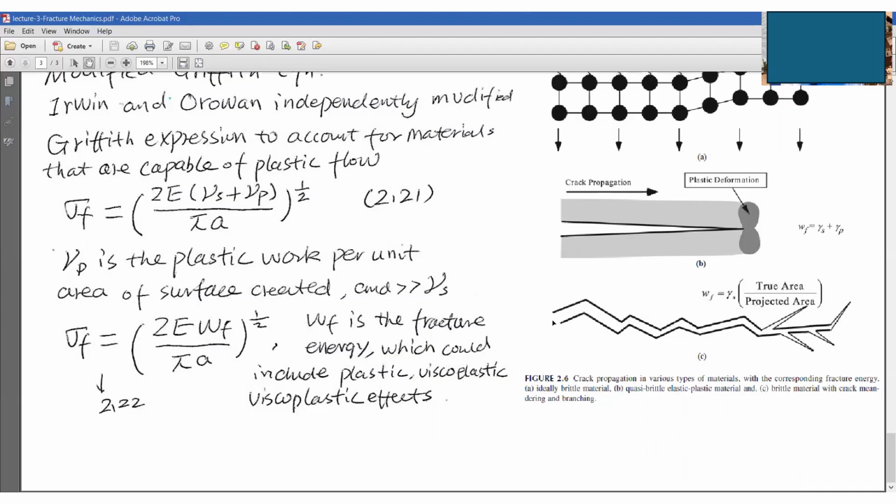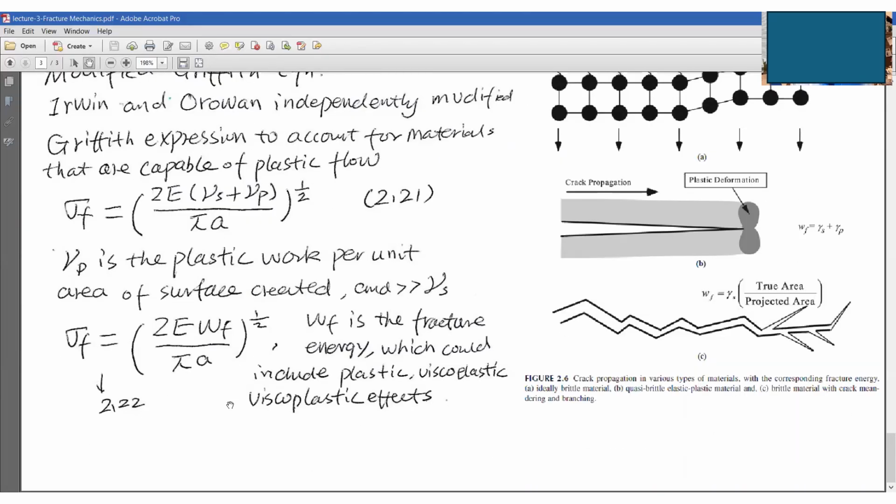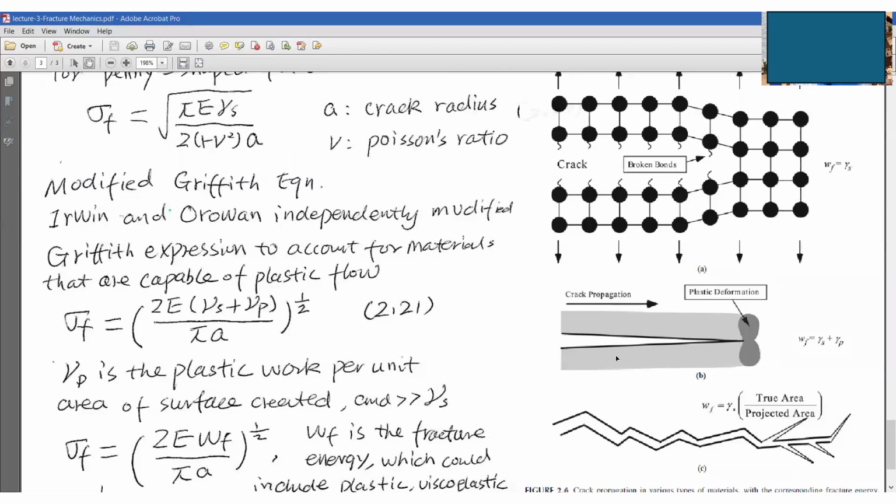This true area is this actual area, but the projected area you just project from here to here, in this direction. So this picture gives us the three case scenarios, and this one equation can accommodate all of these three case scenarios.